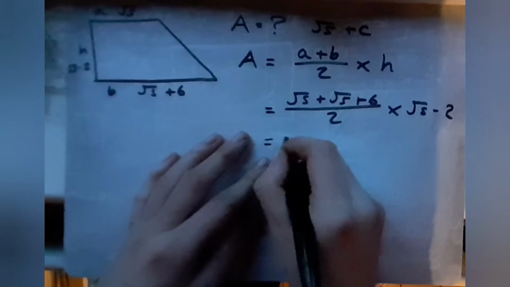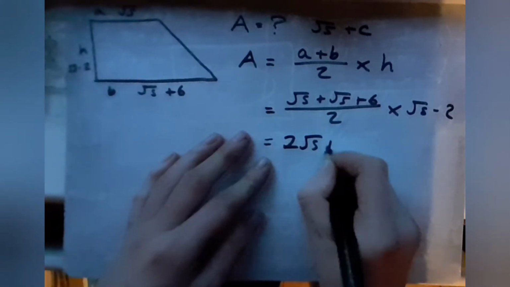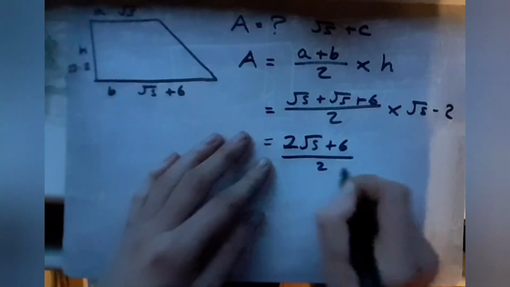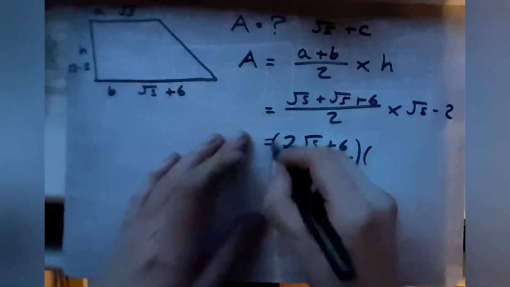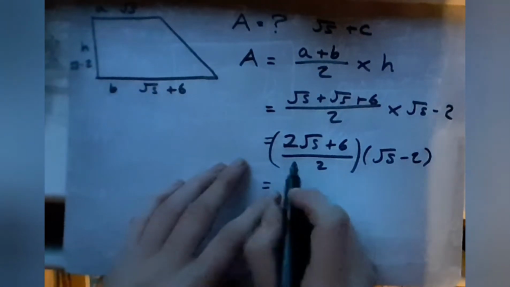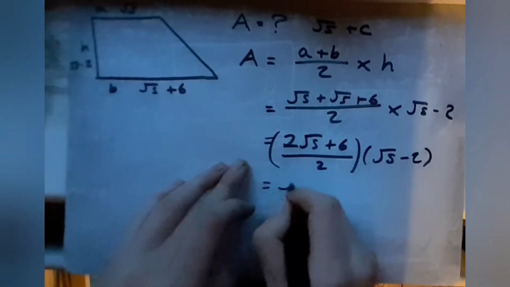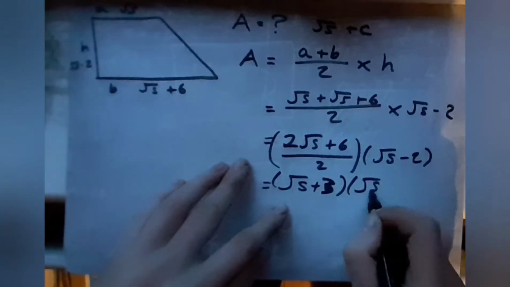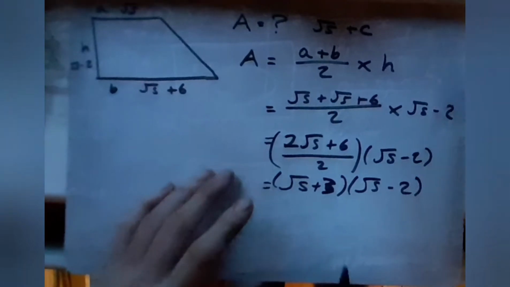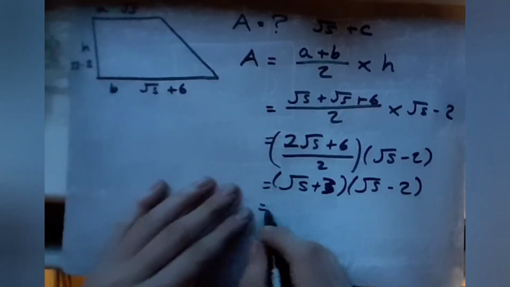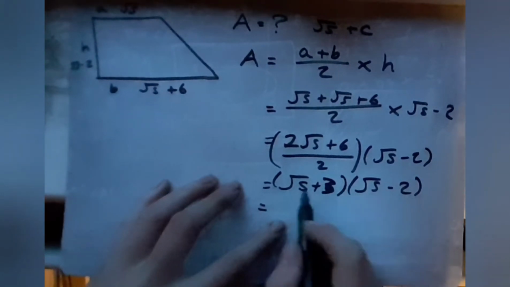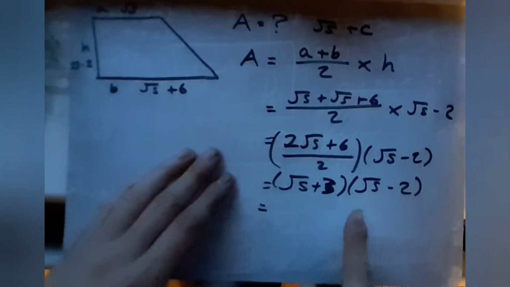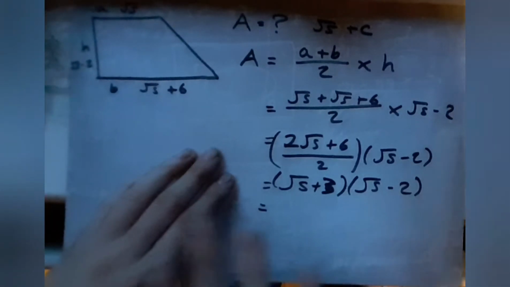Or in other words, (2√5 plus 6) over 2, and if I put them in brackets, I can divide 2√5 by 2 to get just √5, and 6 divided by 2 is just 3, times √5 minus 2. And we're just going to expand these brackets. And we know that when we times two roots, it's essentially squaring it, and squaring a square root just cancels out.